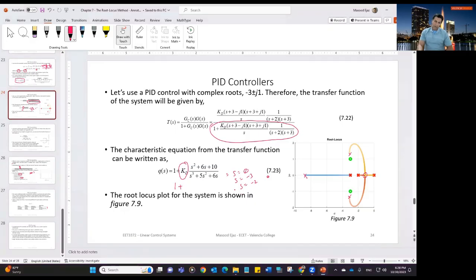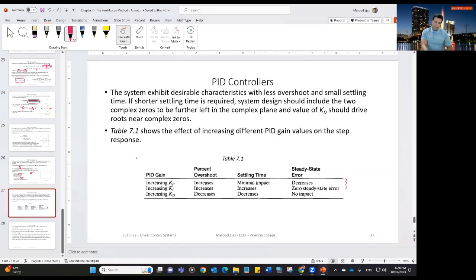So if, as we discussed, these zeros can move a little bit towards the left, then, as we were discussing over here, if a shorter settling time is required, the system design should include the two complex zeros further left in the complex plane, and the value of KD should be close to those complex zeros. So that's going to reduce the amount of settling time.